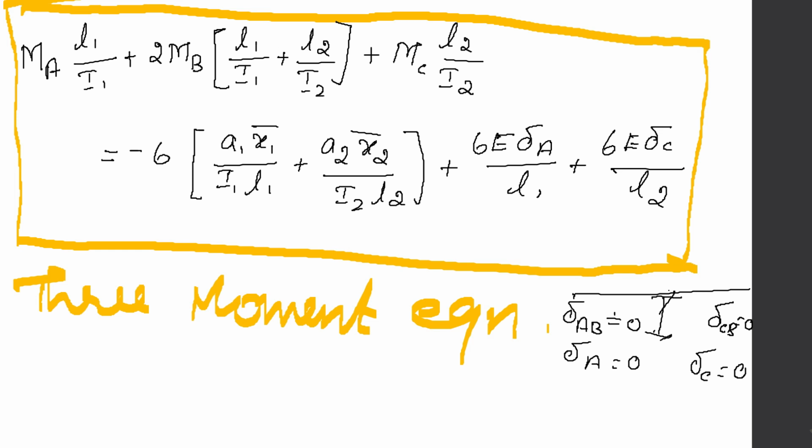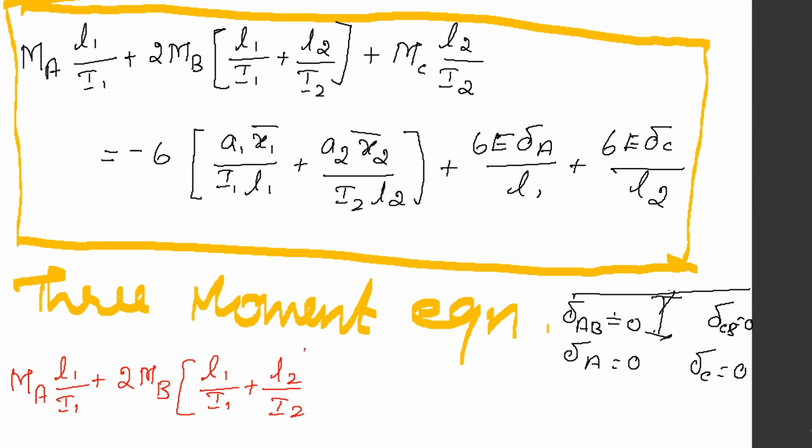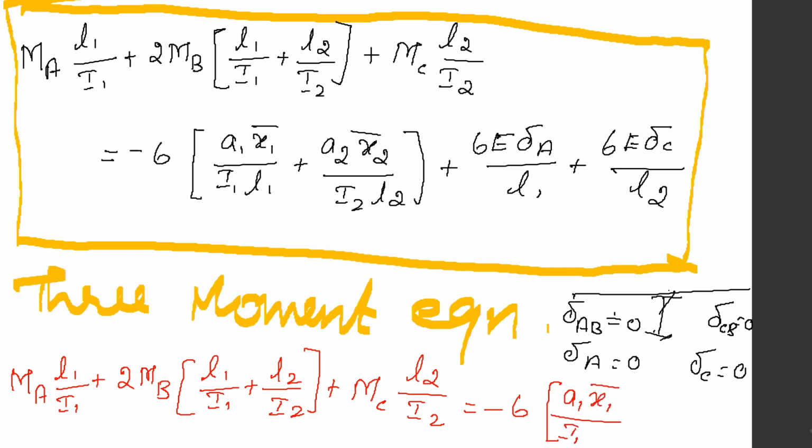So if there is no displacement, no settlement of supports, then Clapeyron's theorem of three moments becomes MA into L1 by I1 plus 2 MB into L1 by I1 plus L2 by I2 plus MC into L2 by I2 is equal to minus 6 into A1 X1 bar by I1 L1 plus A2 X2 bar by I2 L2.